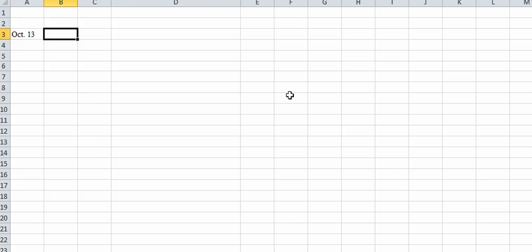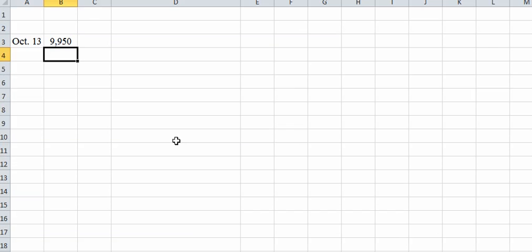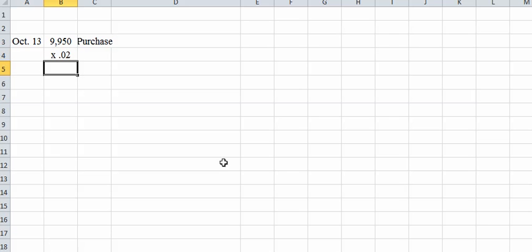So what we'll do is say $9,950, which was the amount of the purchase. And we're going to multiply that times the discount offered, 2%. Okay, so I'll punch that in here.